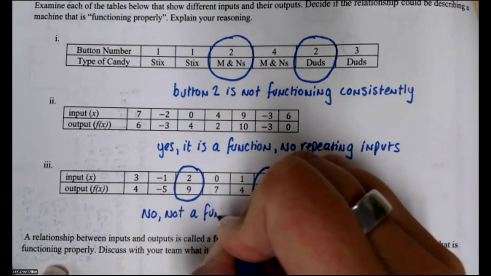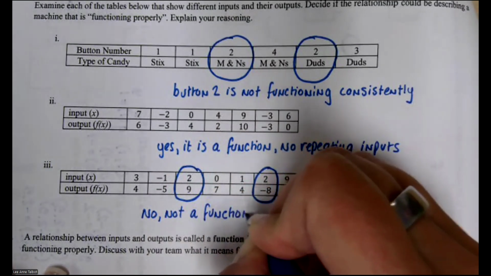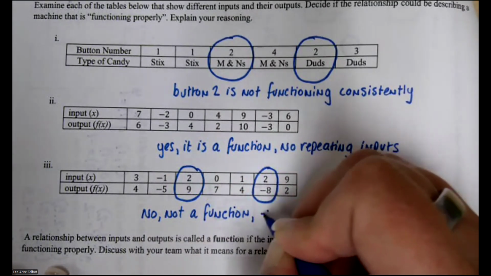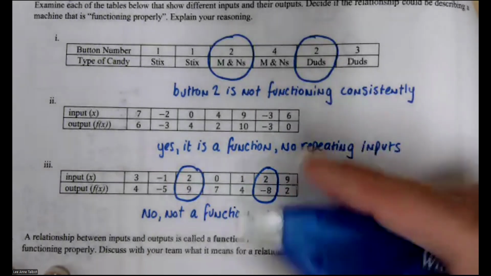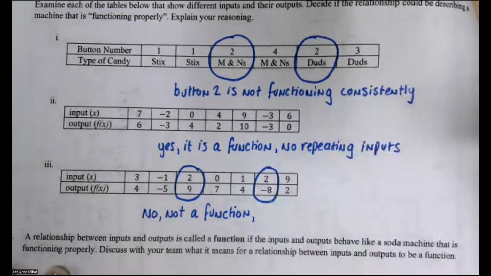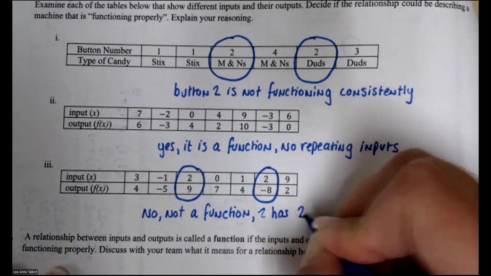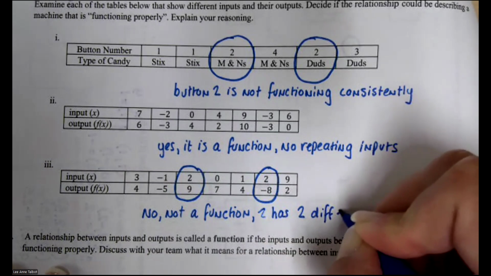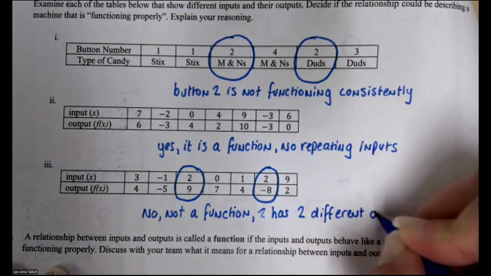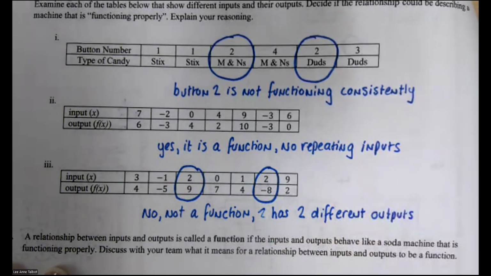And what we say for our explanation is no, not a function. 2, it's not -2. 2 has two different outputs.